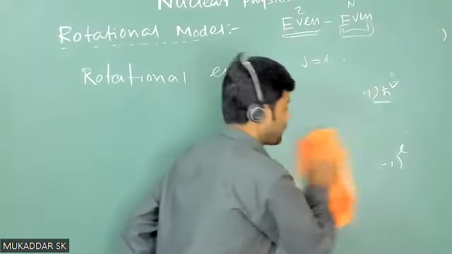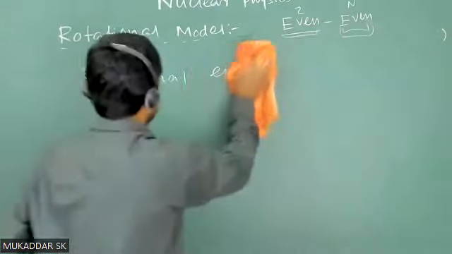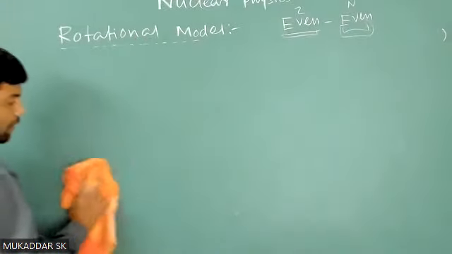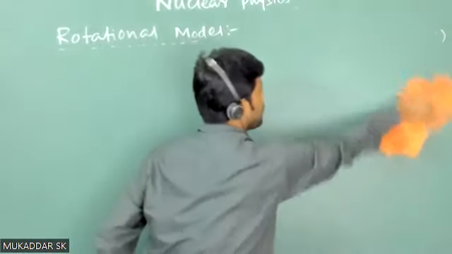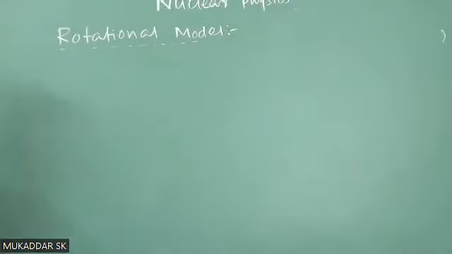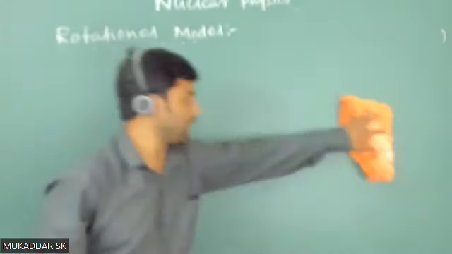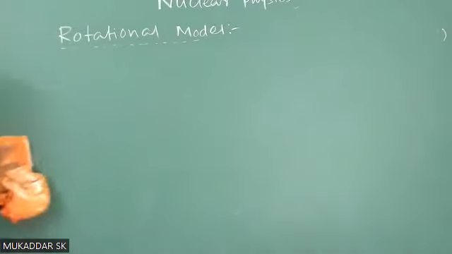So understood at least why you are taking J equals L: that is actually observable for even-even combinations, and for even-even all nucleons are paired. When you have paired nucleons, you will have spin 0.